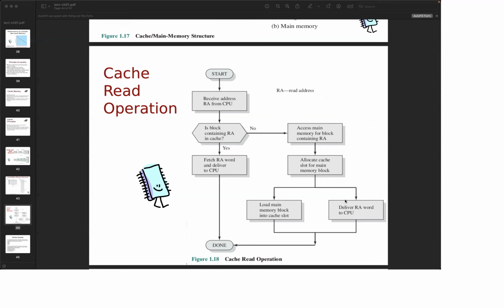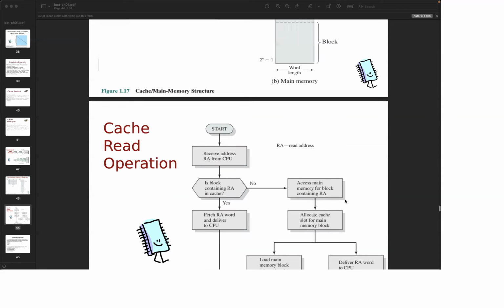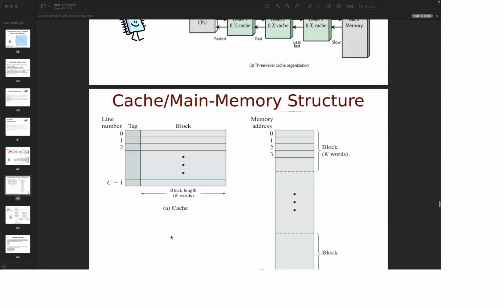Hopefully we can discuss that later, because the cache has a limited size, right? So if we have slots from 0 to C-1, which one should you replace? Suppose the least recently used, or the first one, the oldest. We can discuss that. This one is about how to manage the cache.